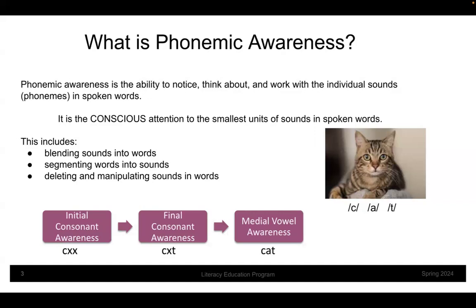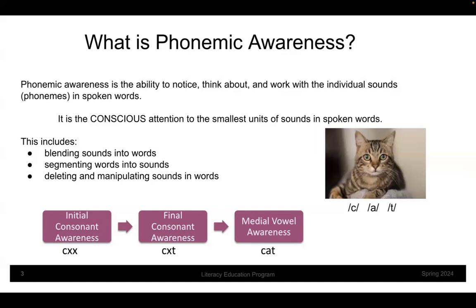We also know that children become aware or conscious of different sounds in a word in a predictable pattern. They are aware of the initial consonant first, meaning if I were to give them the word cat, they're going to hear or be aware of that first, very salient sound first.